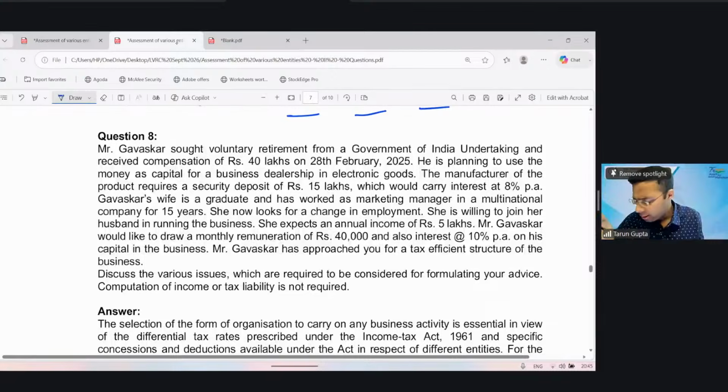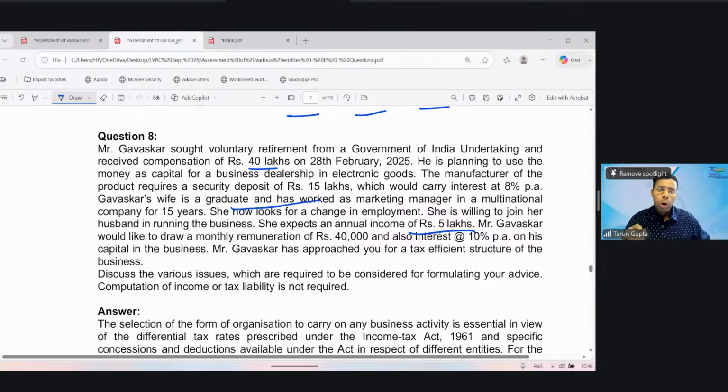Since we still have some time, there's a question which says that an individual wants to start a business with an investment of 40 lakh. His wife is actually working, but she will also join the business, and she expects an annual income of 5 lakh.